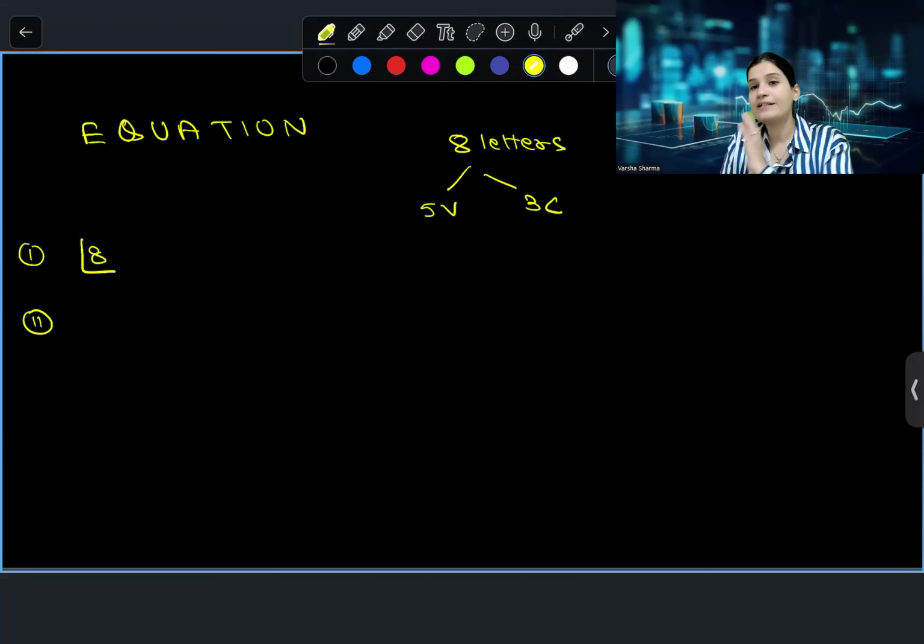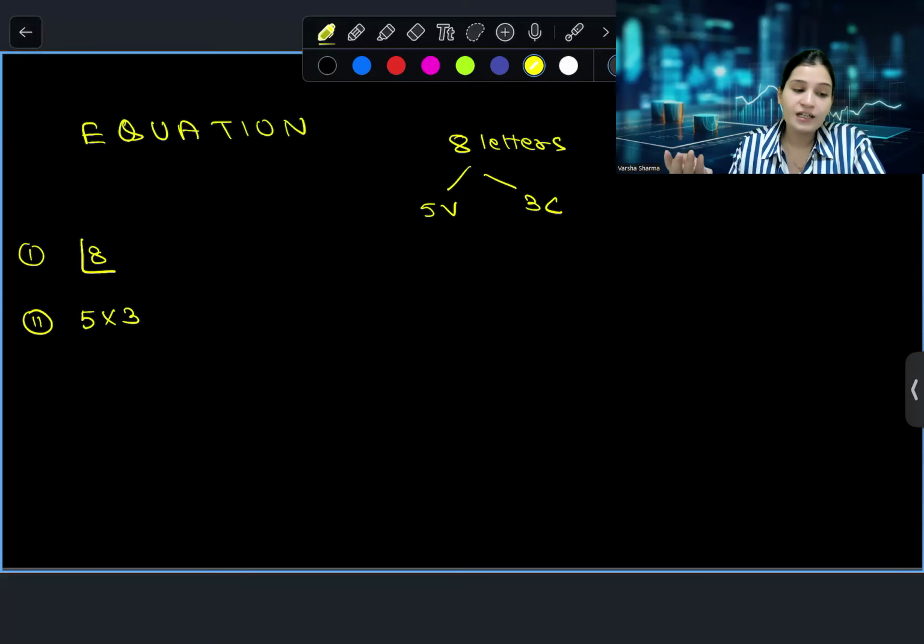Starts with a vowel, ends with a consonant. So the first place has to be filled up by a vowel. So first place has 5 options. The last place has to be filled up by a consonant. So the last place has 3 options.